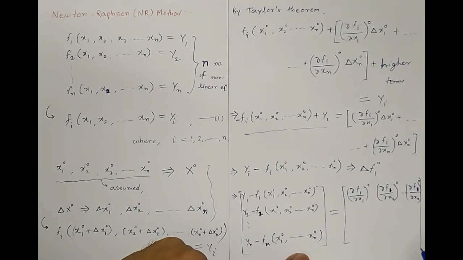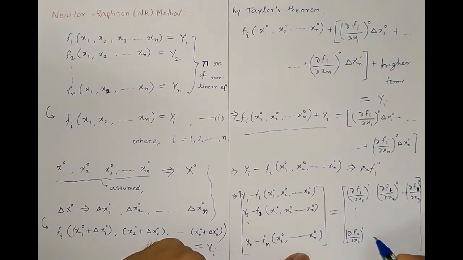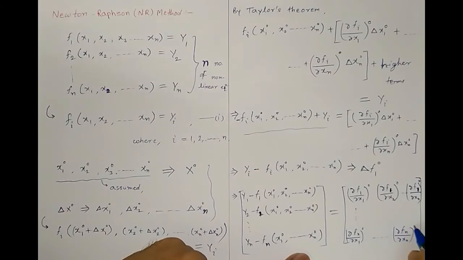The matrix will be like this. Similarly, and so on, this will be del fn by del x1 in the zeroth iteration, and so on, del fn by del xn in the zeroth iteration, into delta x1 0 and so on, delta xn 0.